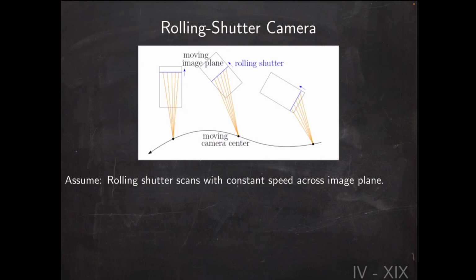So the engineers like to think that this moves with constant speed. That means there's a bijection between how time passes and this rolling shutter position, so I can just identify time with the rolling shutter position.